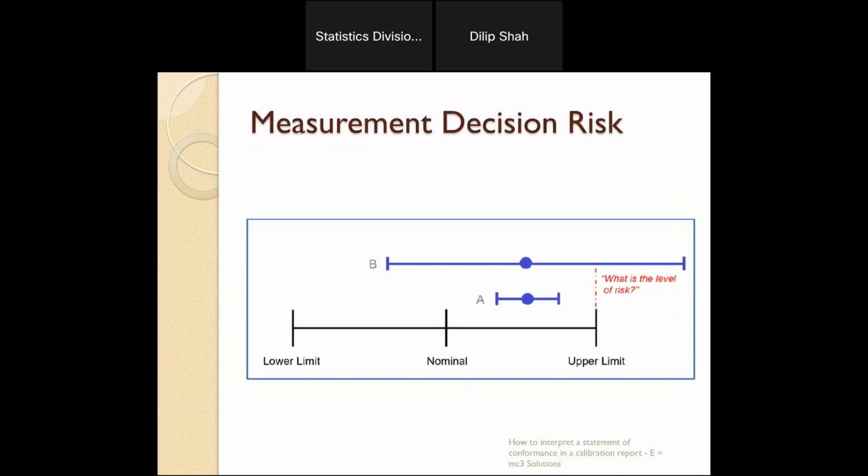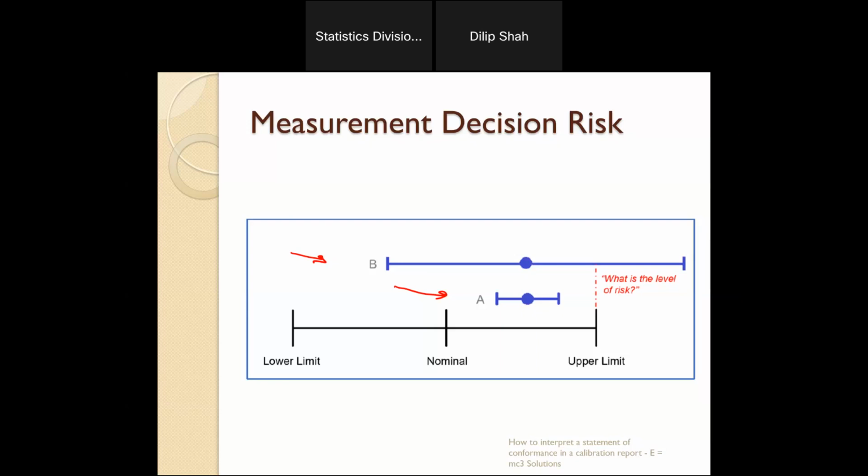All right, I like pictures, and pictures explain a lot of things. Here, I can make that same measurement with two different processes, A and B, or with two different instruments. The associated bars for those A and B instruments or processes are the associated uncertainty.